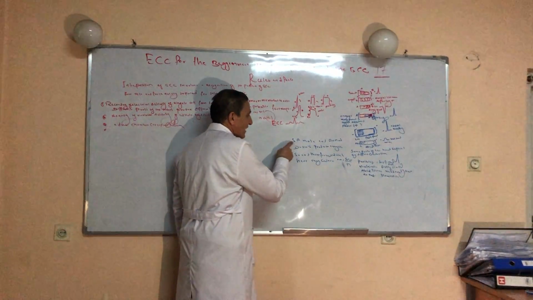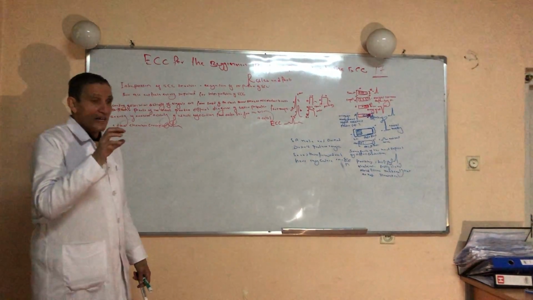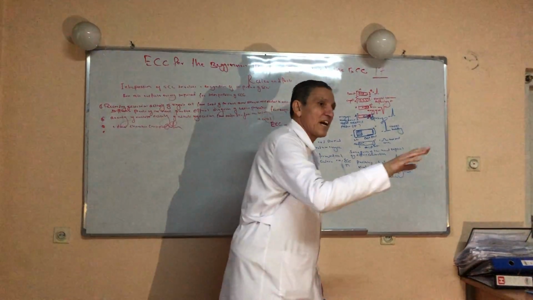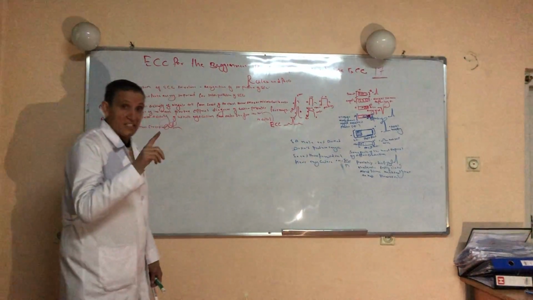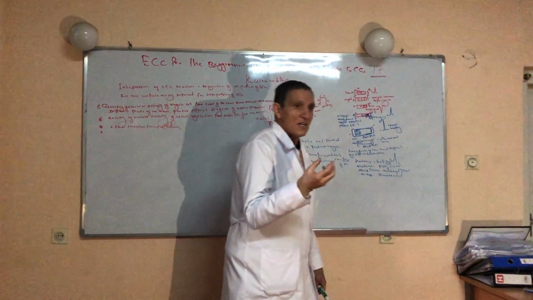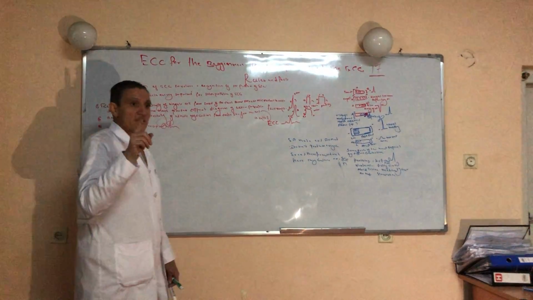Due to these reasons, the SA node does not produce enough electrical voltage to be detected by the electrode from the outer surface of the body. So from the SA node we don't have any wave or deflection directly, but indirectly we know, because when we have a well-defined P wave, it means the atrial tissue is stimulated by the SA node.